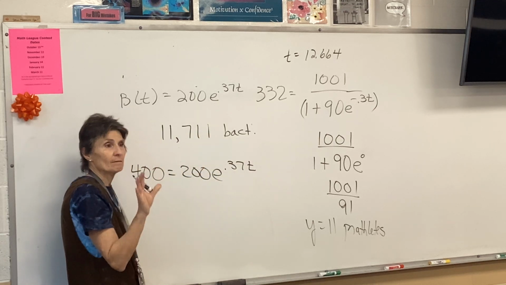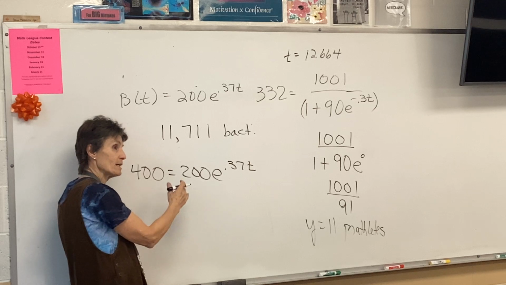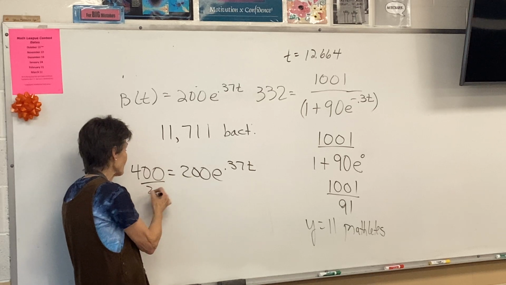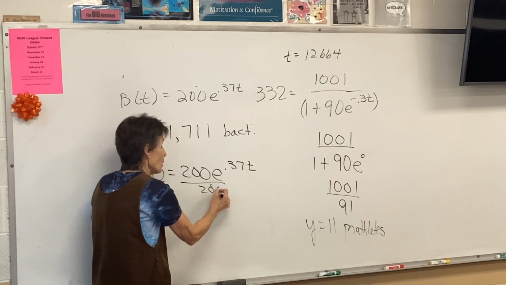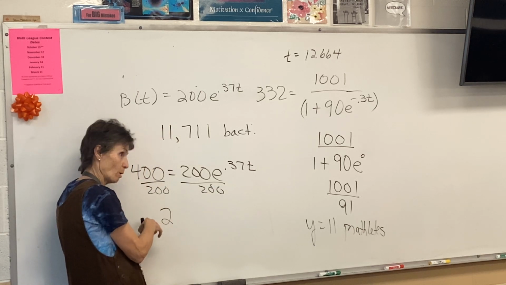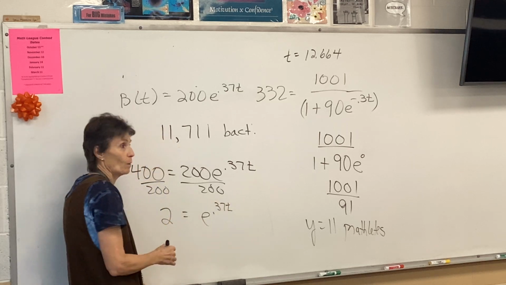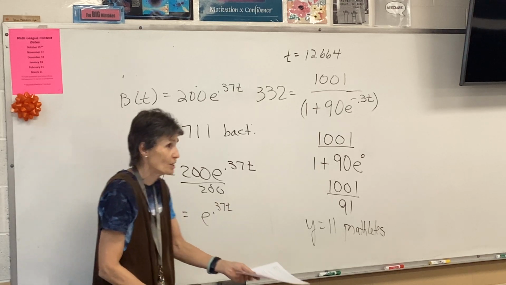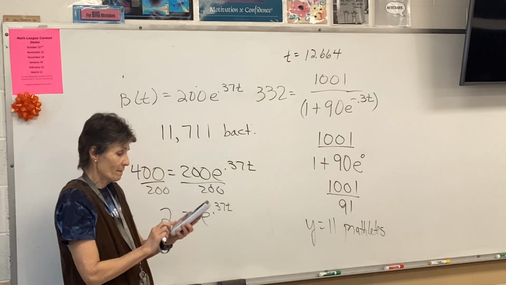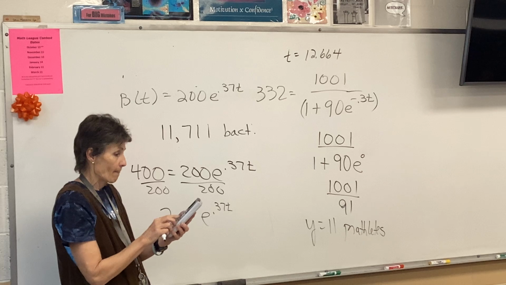A little hint, it's completely up to you: before we start graphing, we could divide everything by 200 and then graph 2 as one of our equations and e to the 0.37t as the other one. It'll change your window, but it won't make a difference in your answer. You will get exactly the same answer.